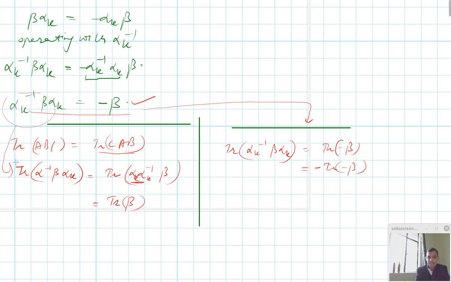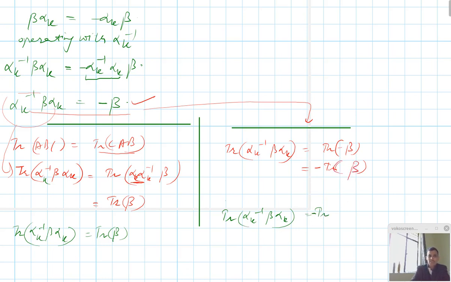So if I compare these two, from here I am getting that trace of alpha k inverse beta alpha k is equal to trace of beta, and here I am getting that trace of alpha k inverse beta alpha k is equal to minus trace of beta, right?